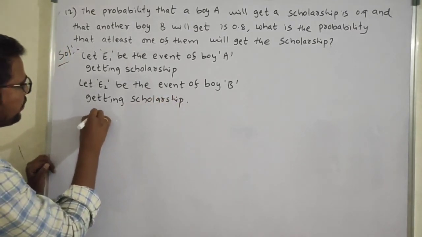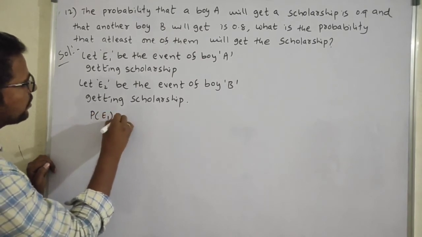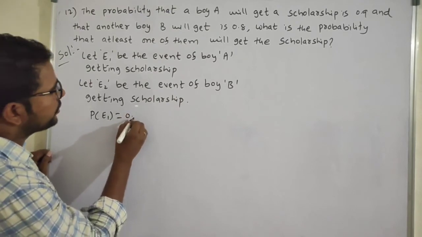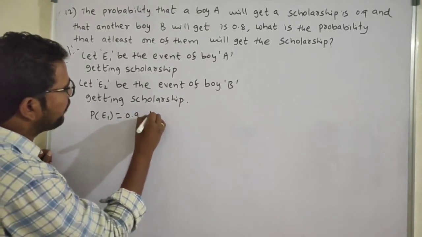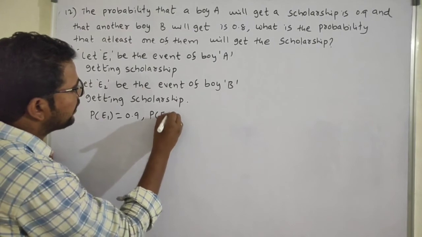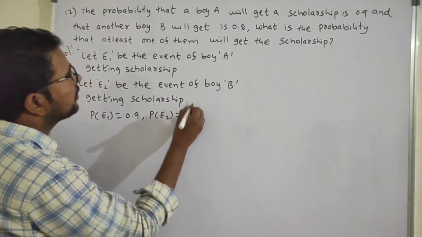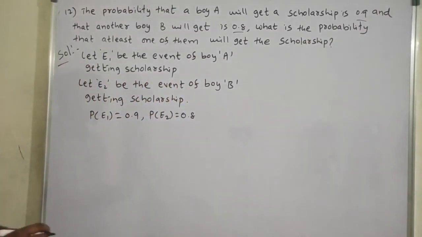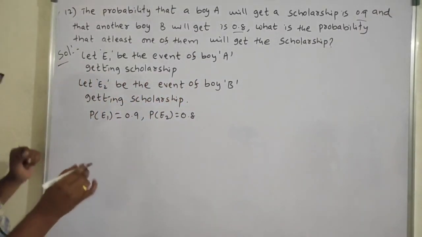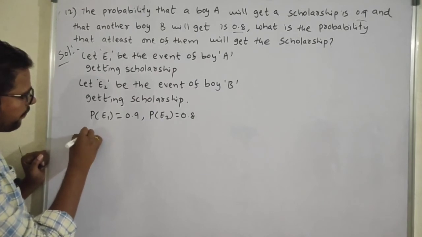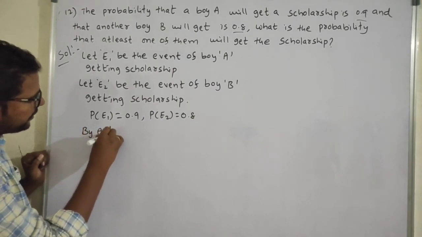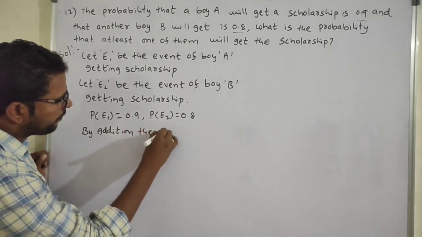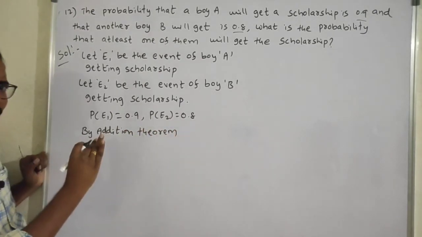Given P of E1, the probability of A getting the scholarship, is 0.9, and P of E2, for boy B, is 0.8. Now we have to find P of E1 union E2, at least, by the addition theorem. At least means E1 or E2.